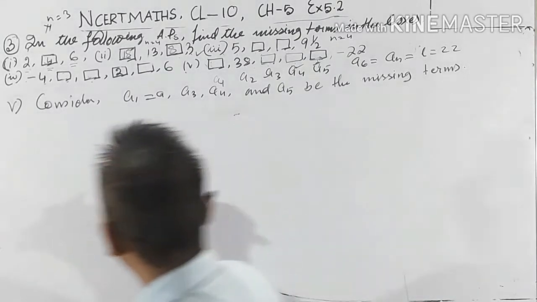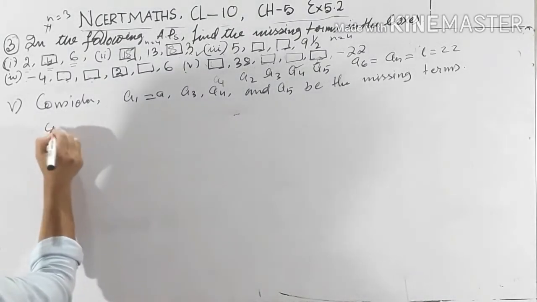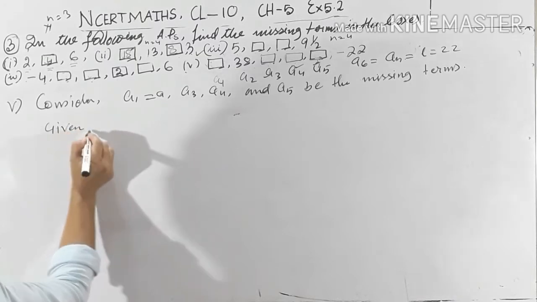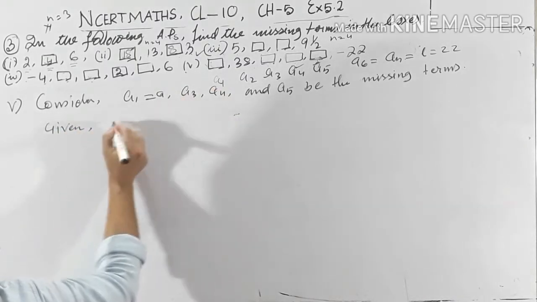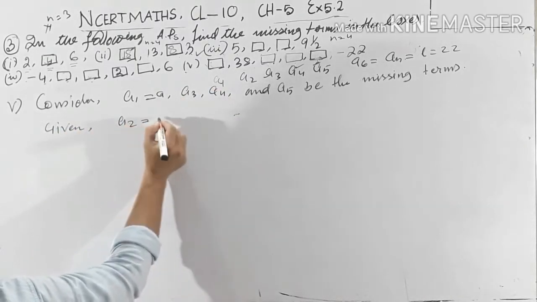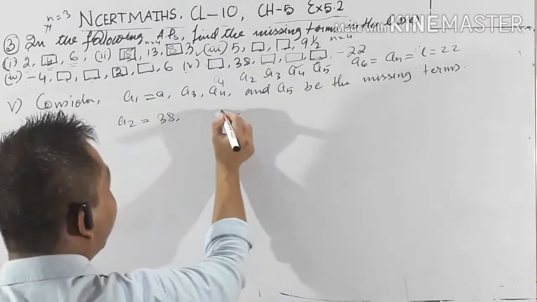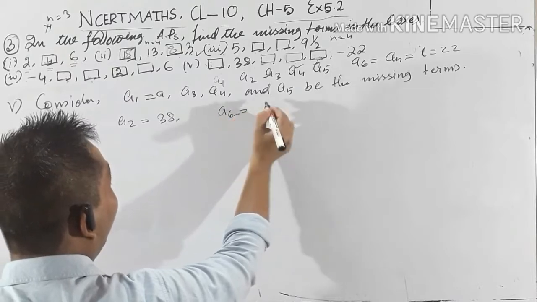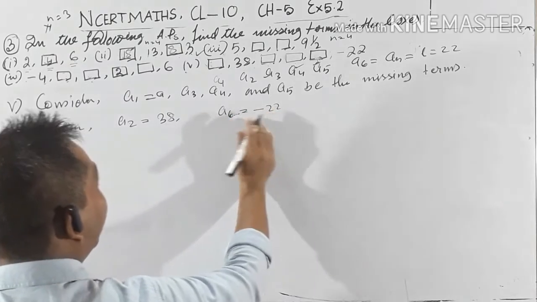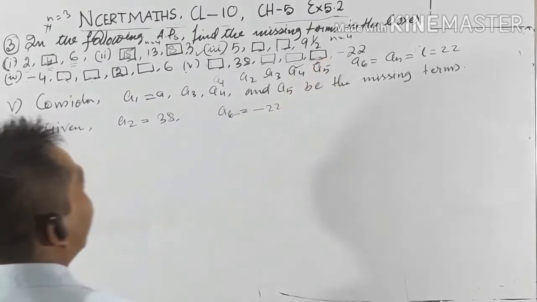Let us write what is given. A2 is given; A2 equals 38. And A6 equals minus 22. Why is it A6? Because it is the 6th term, right?